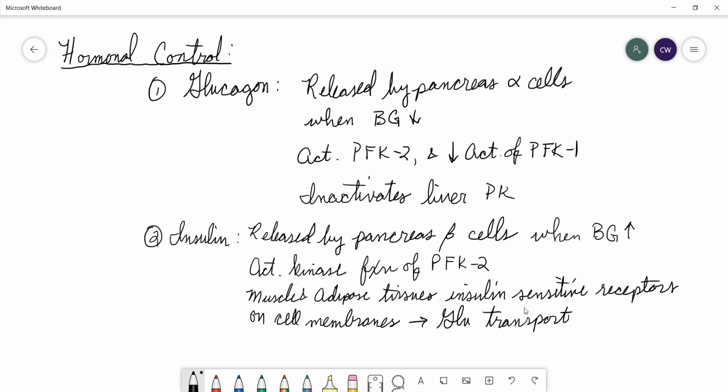Okay, which is why if you've ever experienced a low blood glucose event, right, which is something that diabetics can deal with, especially diabetics on injected insulin. Okay. They can have low blood glucose events, and there is a very significant feeling of weakness.